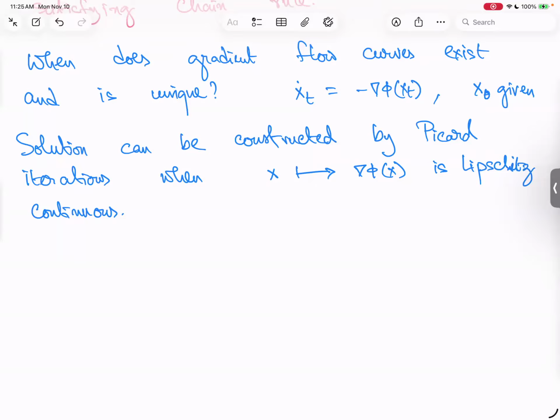So how is this done? This is my standard Picard iteration. I'm just going to write down the formula in case you have not seen this before.